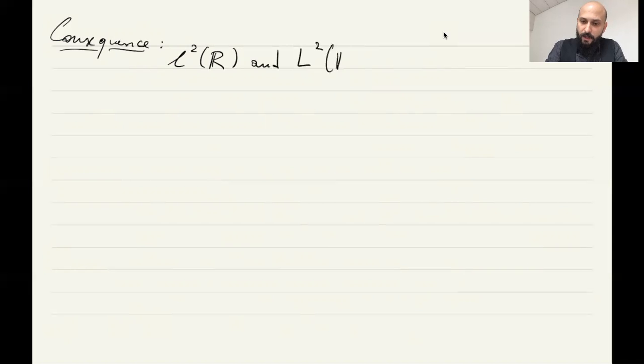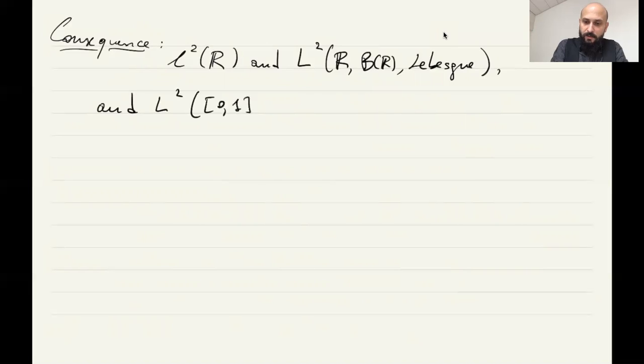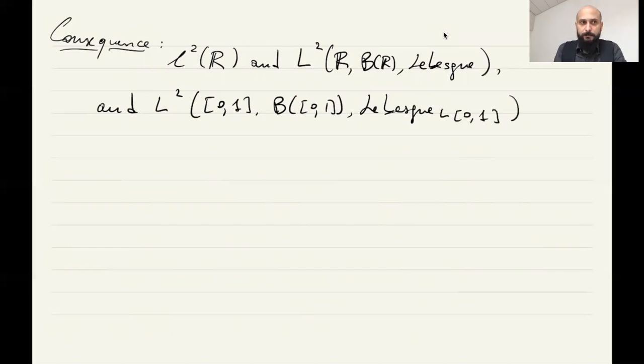But as a consequence of the theorem that we proved before, the space little L2 and capital L2 of R with Borel sets and Lebesgue measure, and we can also take L2 of [0,1] with the Borel sets of [0,1], with always the Lebesgue measure restricted to [0,1]. All of these are Hilbert spaces.